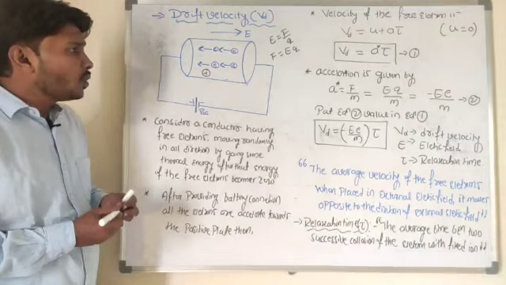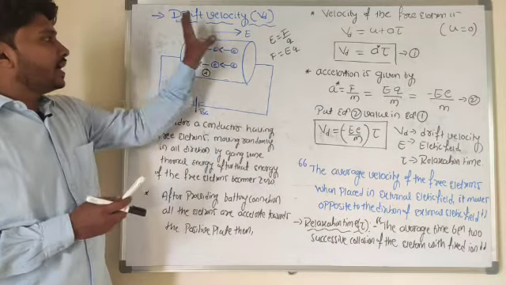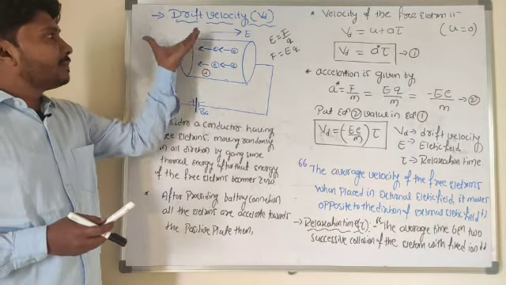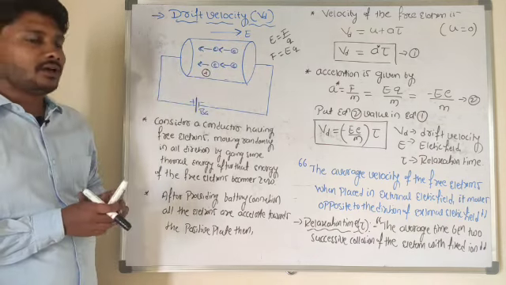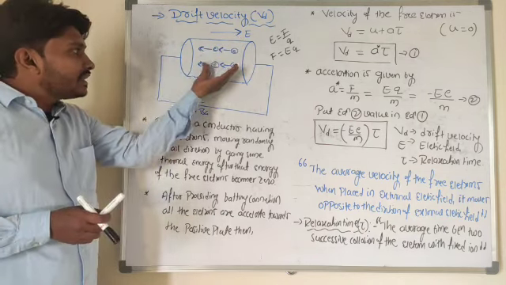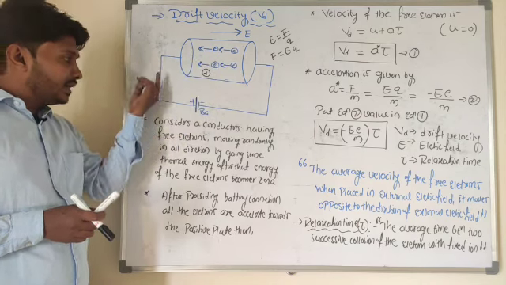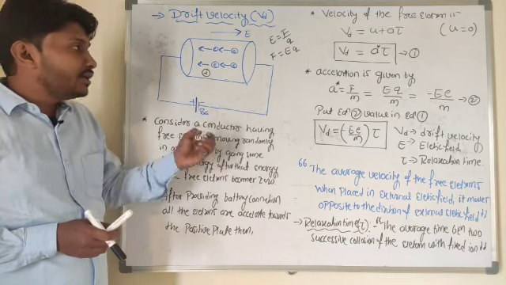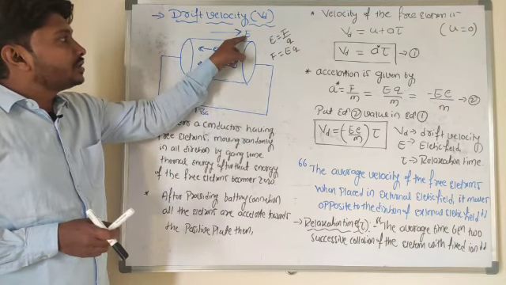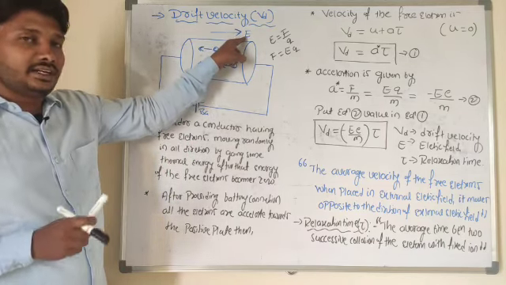So hope you are understanding these things. When the conductor is placed in an external electric field, or if you provide a potential difference or battery connection, these electrons drift towards the positive plate of the battery, opposite to the direction of the external electric field.